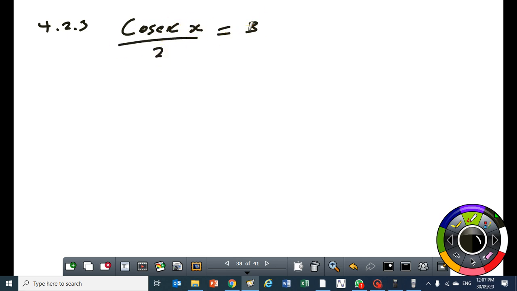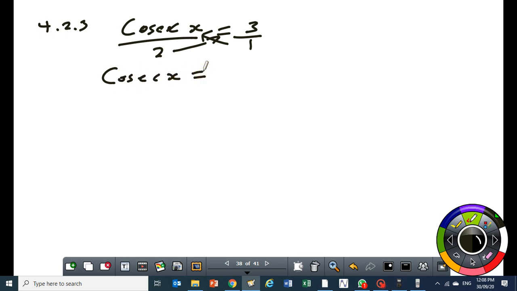Now this one here, there's more than one way of approaching, but my suggestion would be to do it this way. It will be simpler to do it this way. Don't touch the cosec for now. The denominator there is a 1. Cross multiply. Once you do that, you get cosec x is equal to 6.